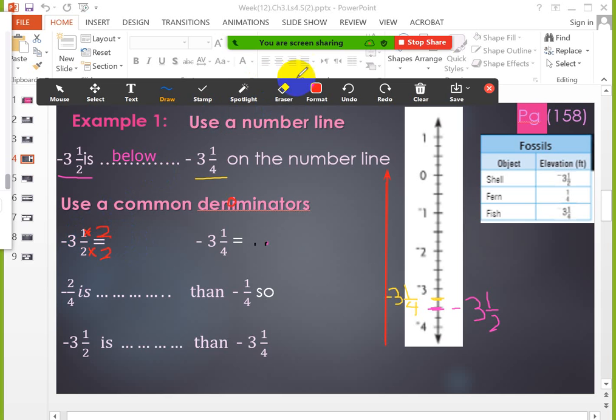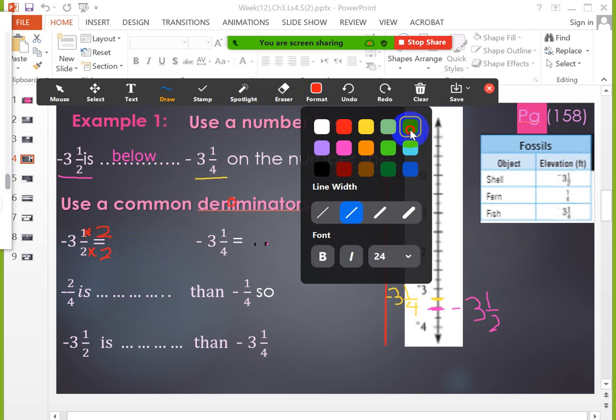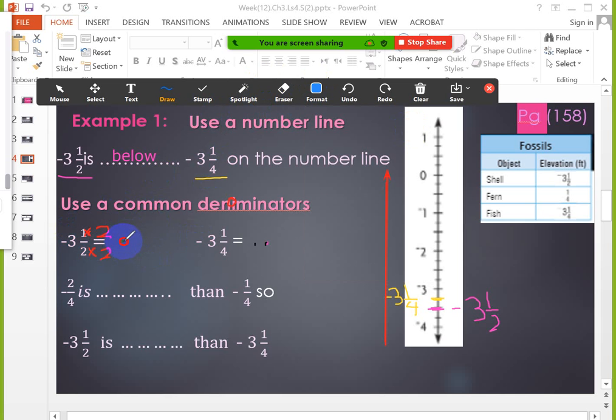Okay, the whole number will be negative 3. And 1 multiply 2 equals 2. 2 multiply 2 equals 4. Look, and this number will be the same, negative 3 and 1 over 4.